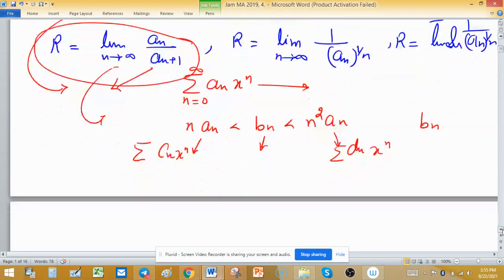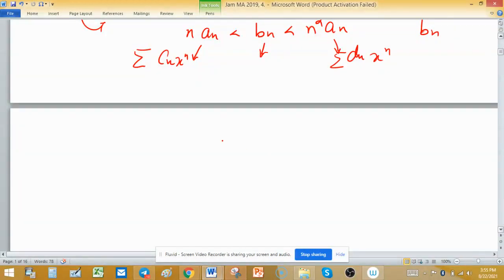So we will use this inequality to find the radius of convergence, or anyhow form the format of bn / bn+1, or I can use r equal to the limit as n tends to infinity of 1 / |bn|^(1/n), because we have to find the radius of convergence of bn.